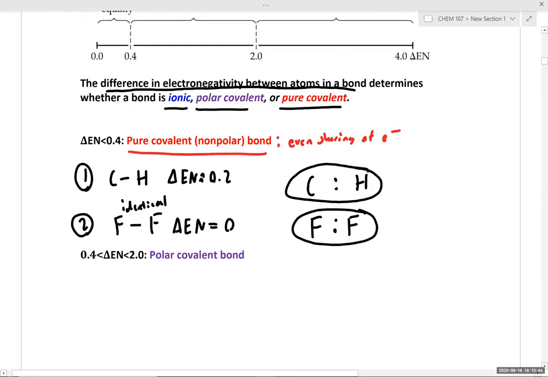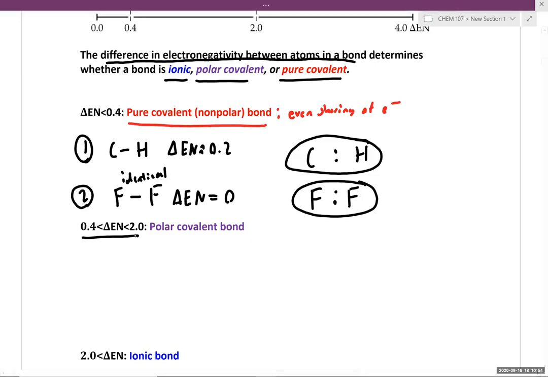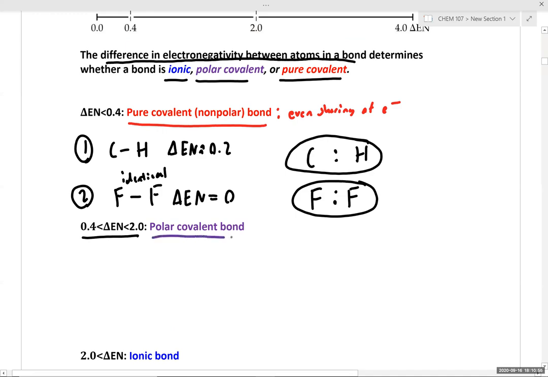Let's look at what happens when we start to develop a difference in electronegativity that's greater than 0.4. This is known as a polar covalent bond, and in turn, we have an uneven sharing of electrons.